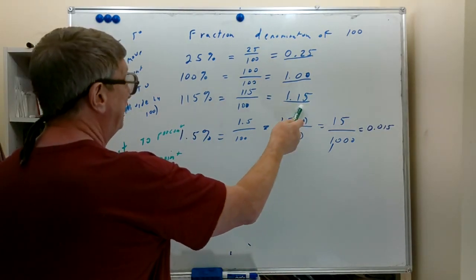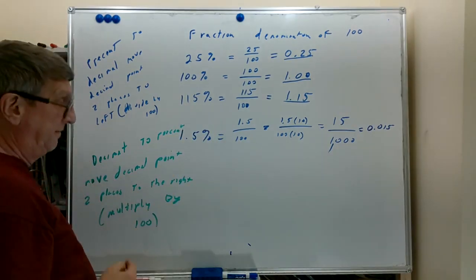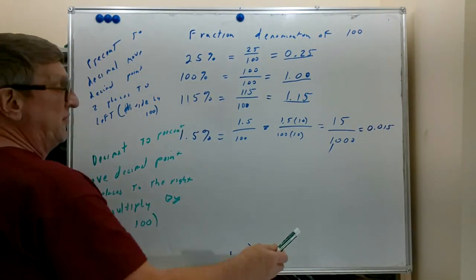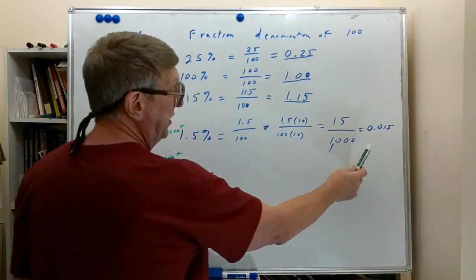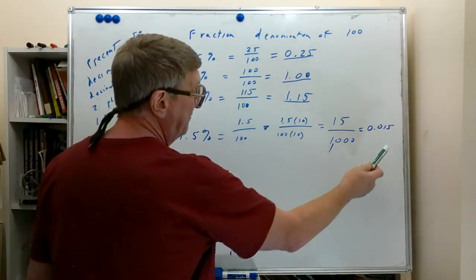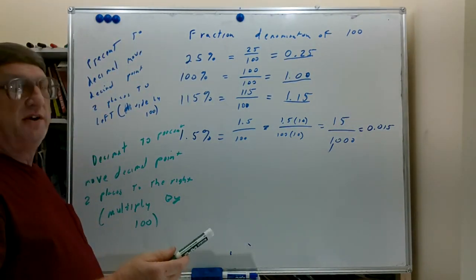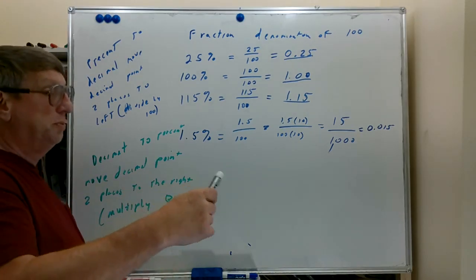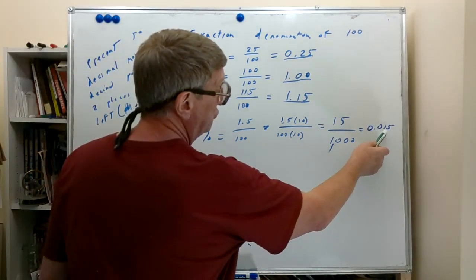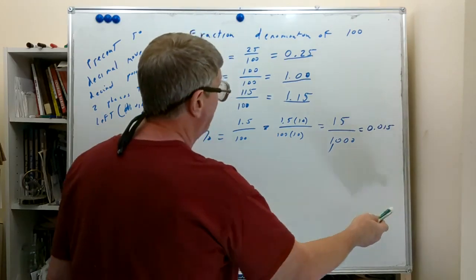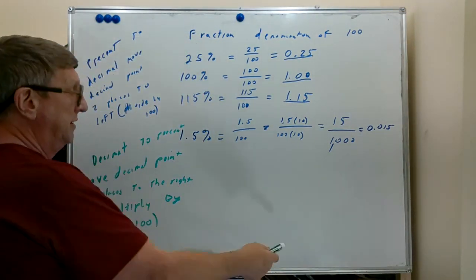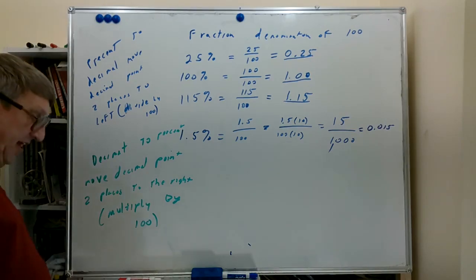So our 1.15 decimal becomes 115%. Now way over here we had our very small decimal number, 0.015. Again, we move our decimal place 2 places to the right, which becomes 1.5, the equivalent of multiplying by 100. We end up with 1.5%.